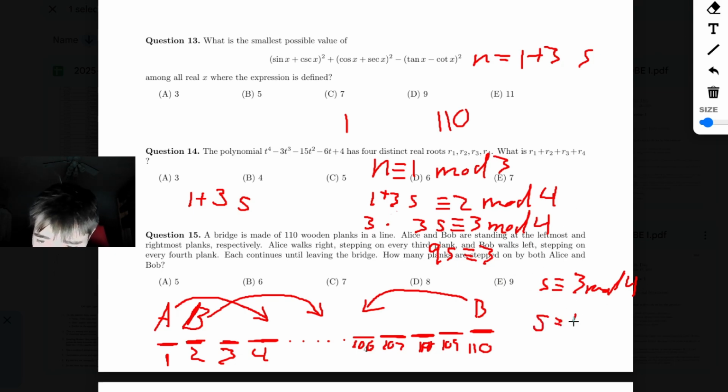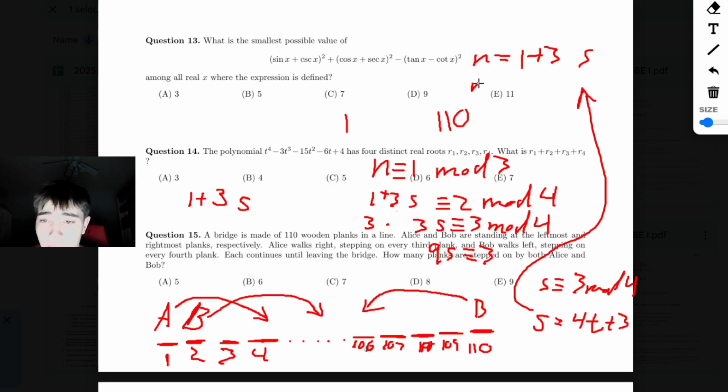So s equals 4t plus 3. Okay, now if we return to n, remember that n equals 1 plus 3s, but s equals 4t plus 3. So n is also equal to 1 plus 3 times the quantity 4t plus 3.